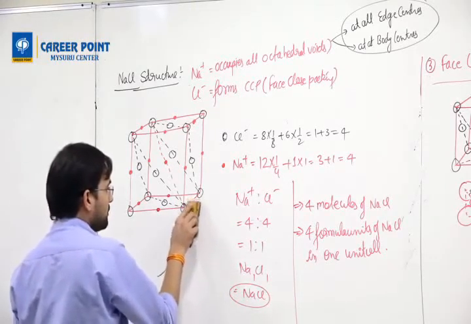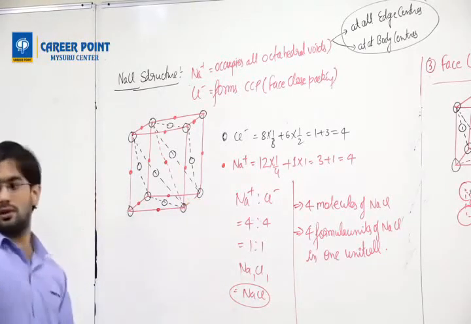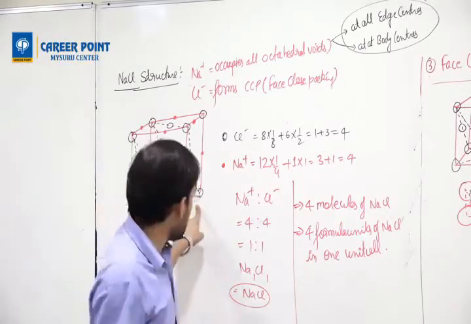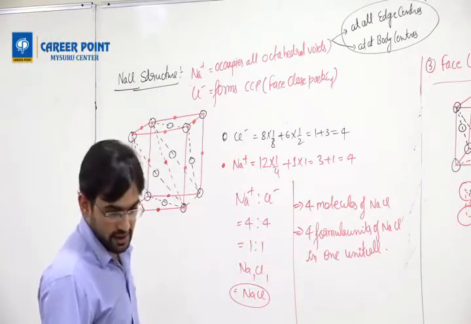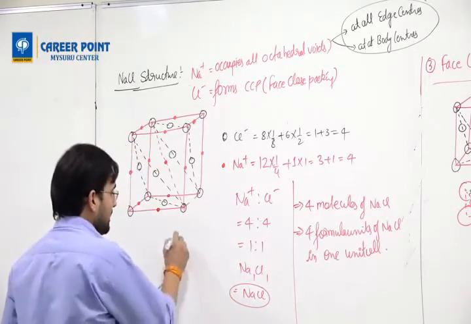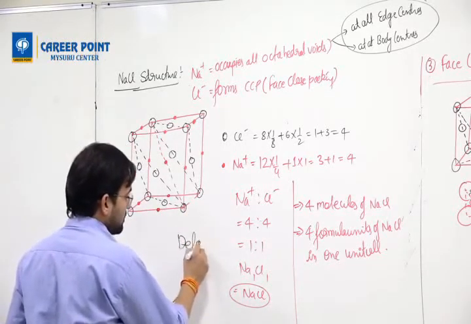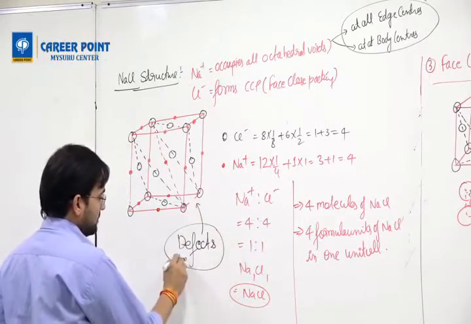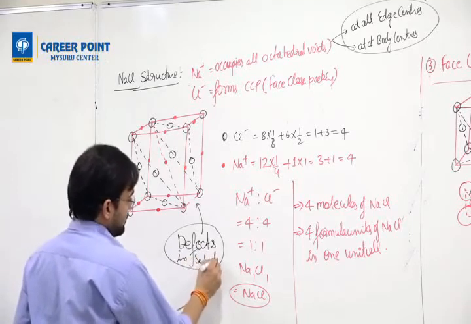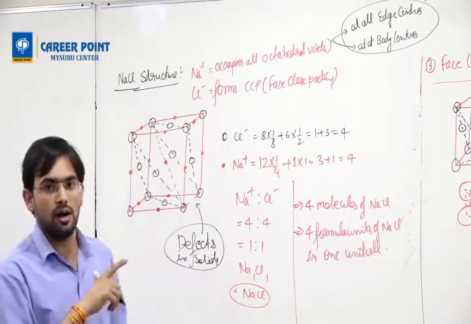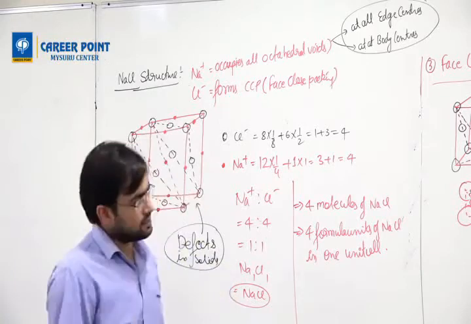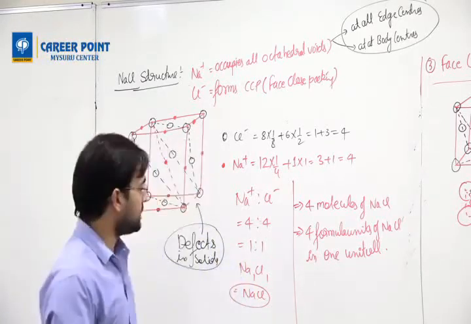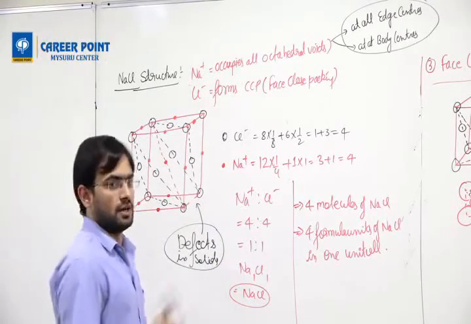But if you remove one, or by any chance this atom is not there, then you have something called defects in solid. Because it was supposed to be there, but it is not there. It could be for any reason: you have removed it, or by default it is not there, but it should be there.